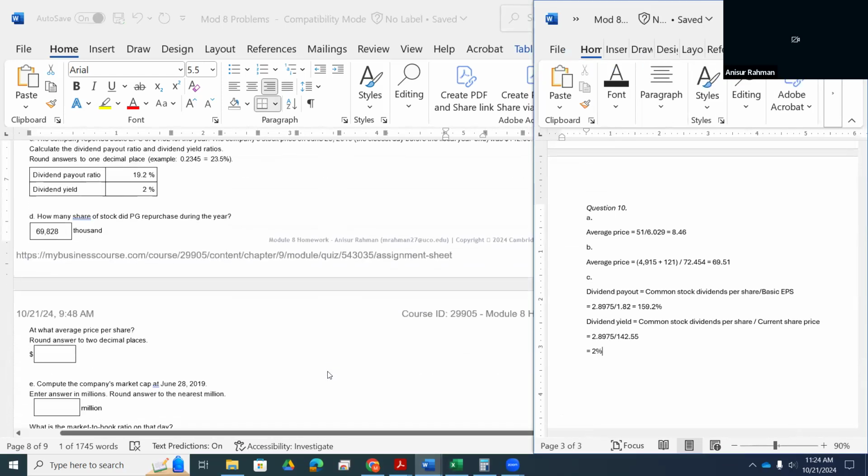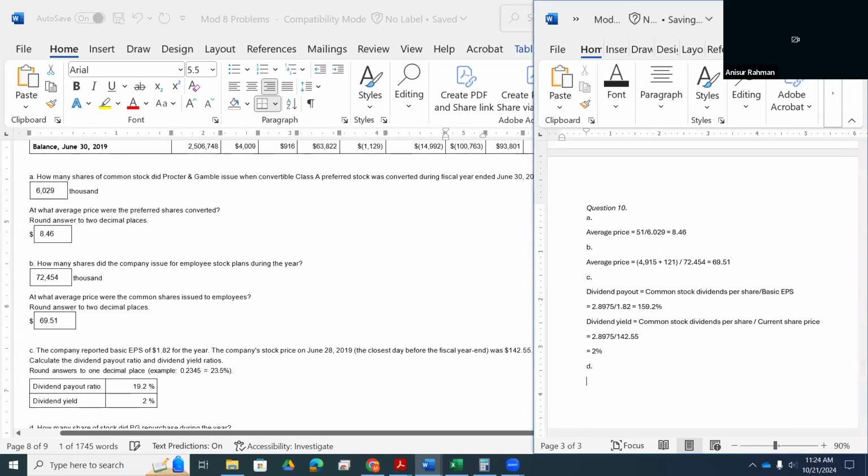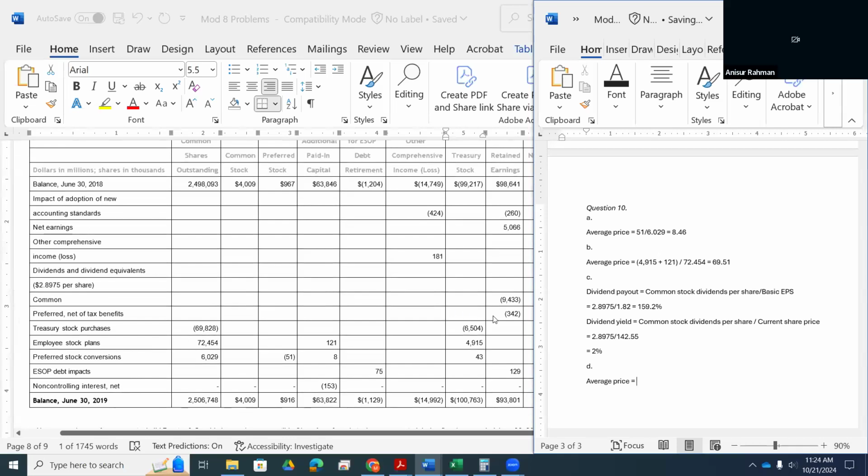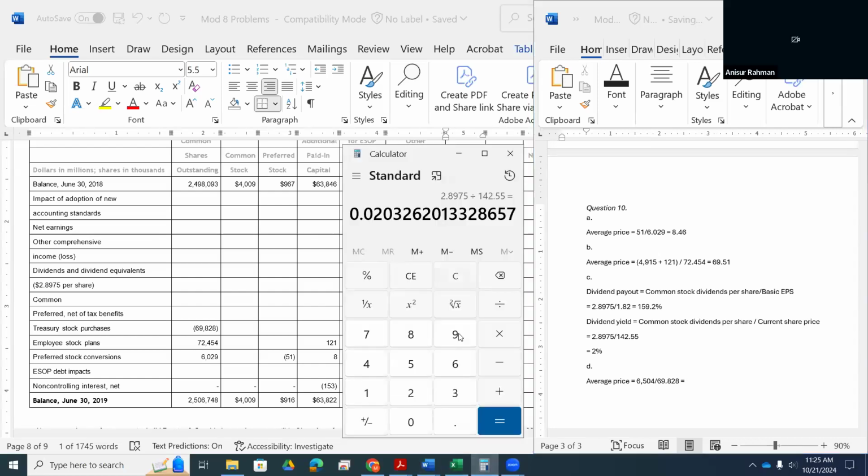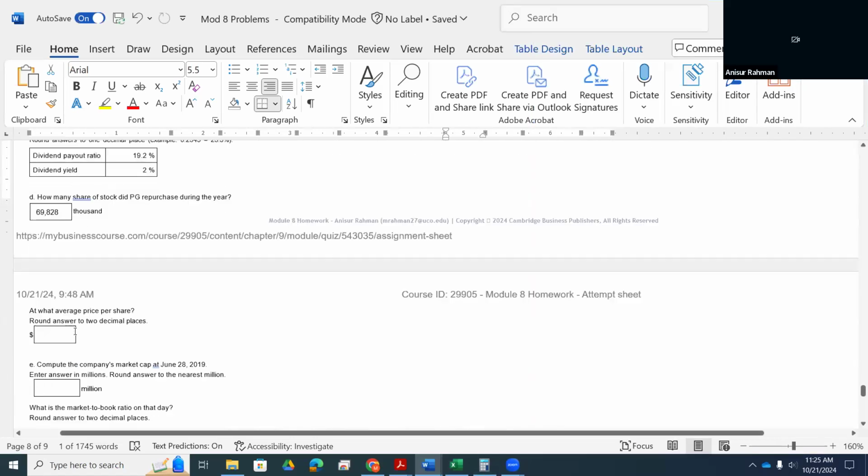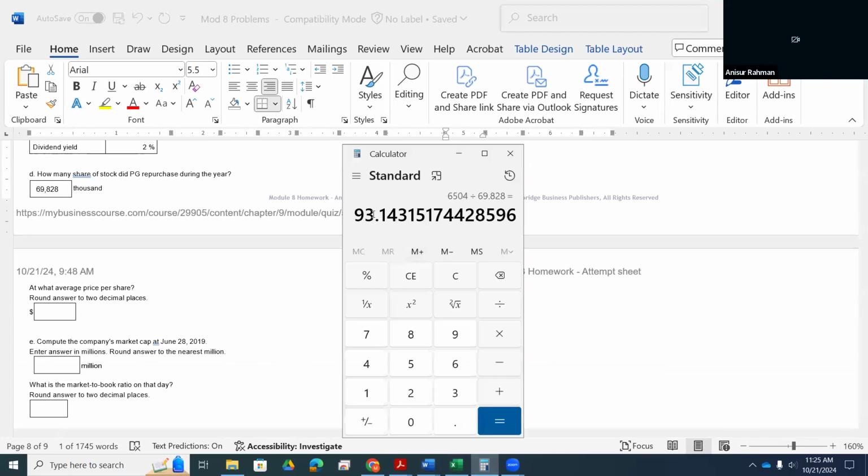So this is our part D. Divided by 69,828 because this is in 1,000. Round to 2 decimal places, 93.14.